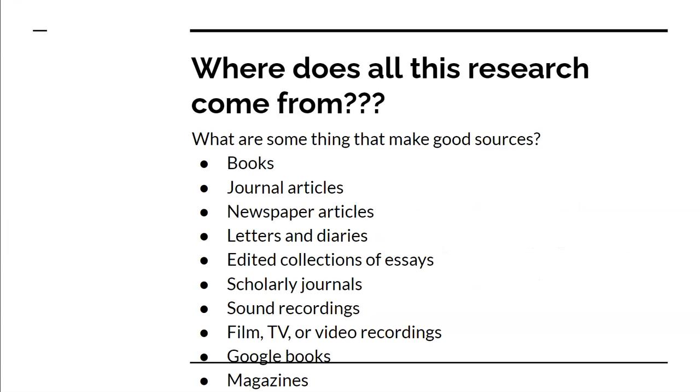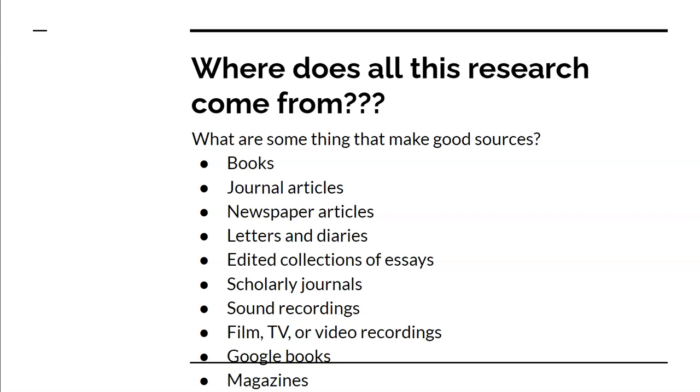So here are some other things that do make really good sources. Books, journal articles, again, use Academic Search Complete from the library website. Newspaper articles. If you're doing something that has a more historical bent, consider collections of letters, diaries. If you're doing something of a more humanities or pop culture kind of angle, edited collections of essays are great.